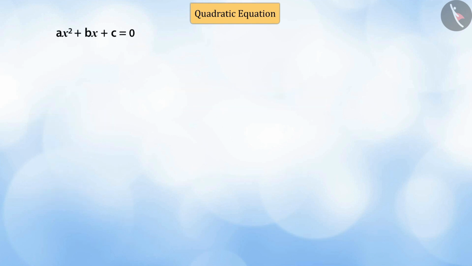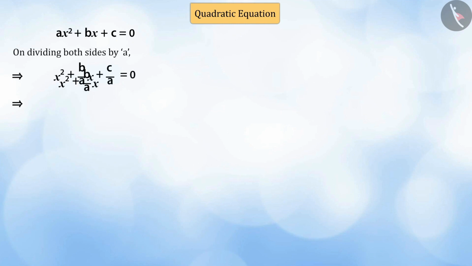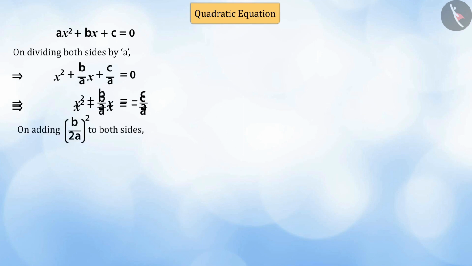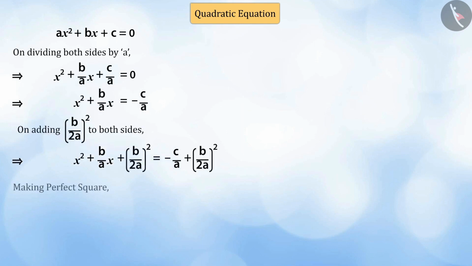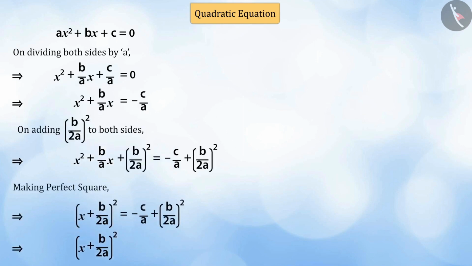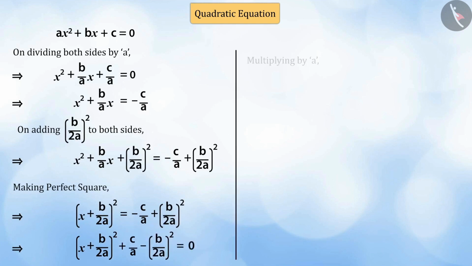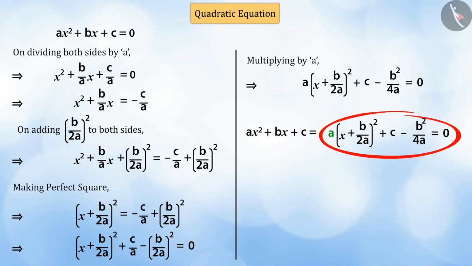In the same way, we can solve any quadratic equation by converting the term minus b square by 4a into a perfect square and finding the solution of a multiplied by x plus b by 2a the whole square plus c minus b square by 4a equal to 0.